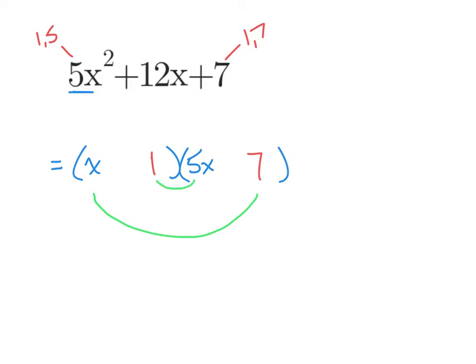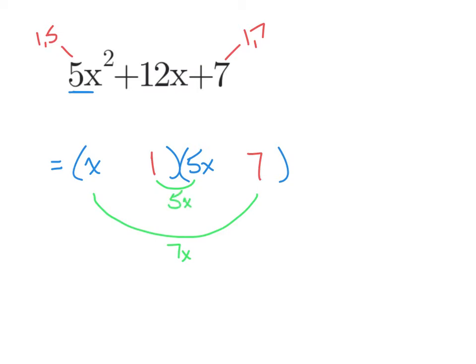The way that we came up with these numbers, we know that we'll have 5x squared to start our quadratic, and we know we'll have 7 to end our quadratic. But it's all about getting that 12 in the middle. So we look at the product we get when we do the outsides. x times 7, that's 7x. And 1 times 5, that's 5x.